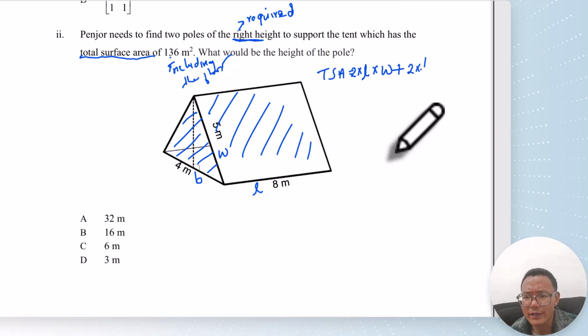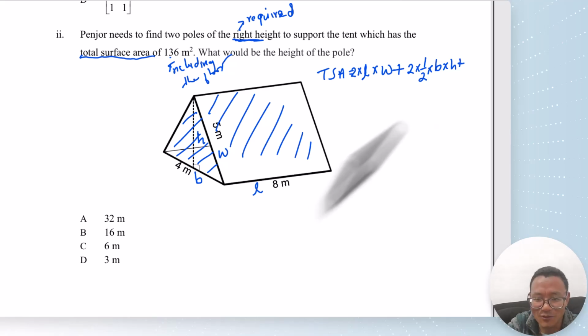You just need to memorize the formula of the triangle, that is half times base times height, and you can keep this one as h. The pole has height h, plus the floor.